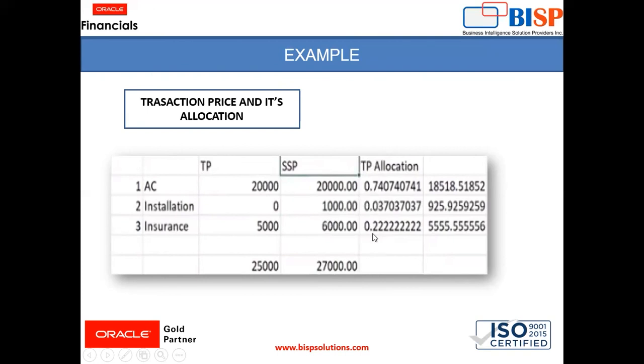So this is the percentage according to which your transaction price will be allocated. Or you can just do 20,000 into 25,000 divided by 27,000, 1,000 into 25,000 divided by 27,000, 6,000 multiplied by 25,000 and divided by 27,000, resulting in these last column amounts. These are the revenue which you are going to recognize when the performance obligation is fulfilled.